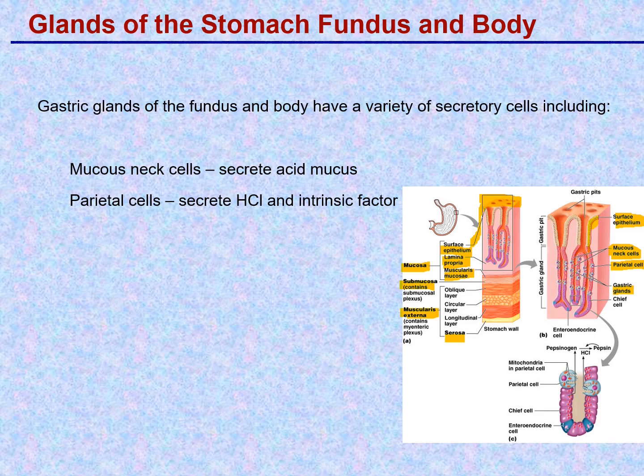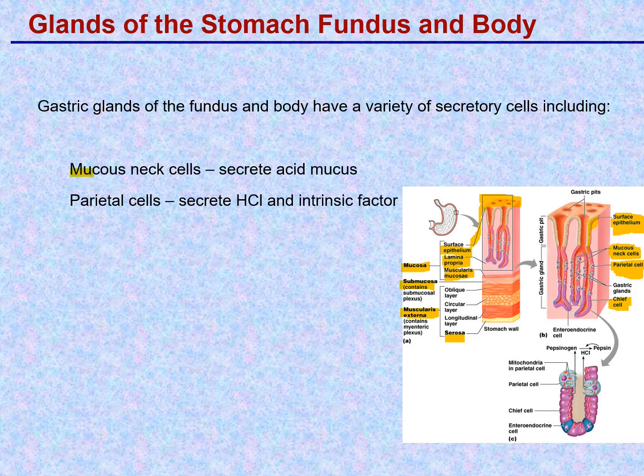The gland refers to the entire structure. This whole tunnel-shaped invagination tunneling down into the mucosa is the gland itself. The specialized cells include, initially, the surface epithelial cells. You have the mucus neck cells, the parietal cells, and chief cells within that gland.